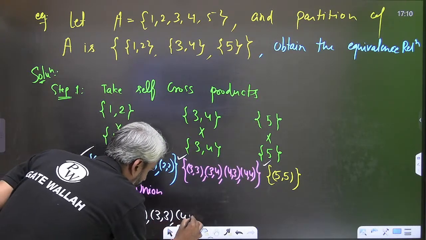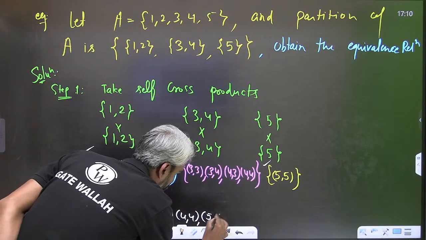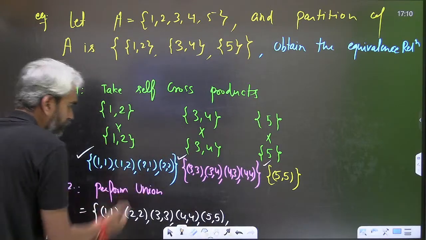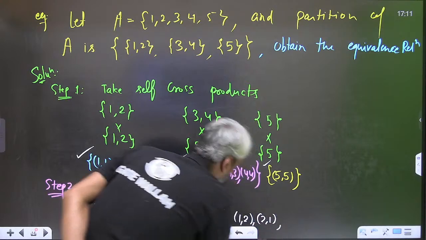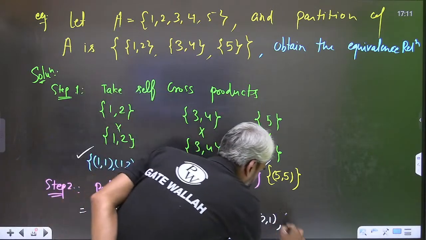Ordering is not important, please. Apart from that, (1,2), (2,1) is present. Apart from that, (3,4), (4,3) is present.